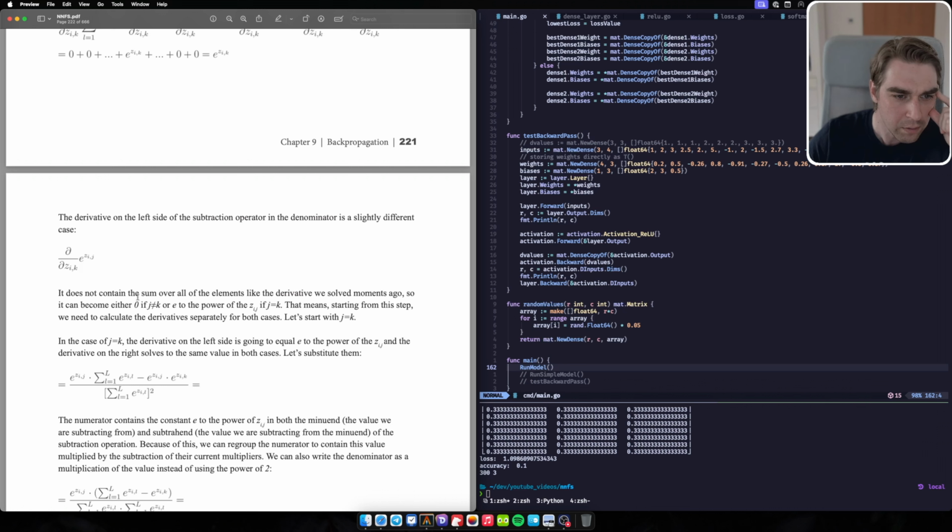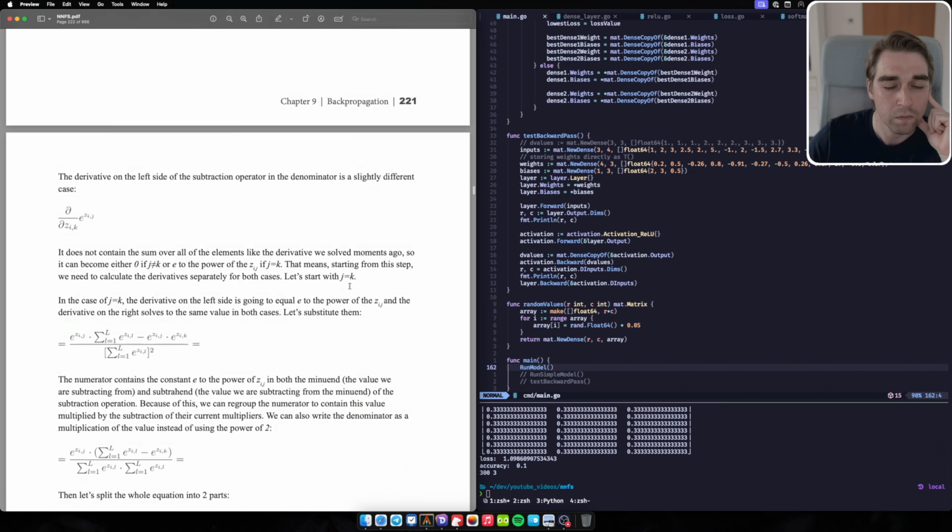It doesn't contain the sum over all of the elements like the derivative we solved moments ago, so it can become either 0 if j doesn't equal k, or e to the power of this value if they are equal. That means starting from this step we need to calculate the derivative separately for both cases.